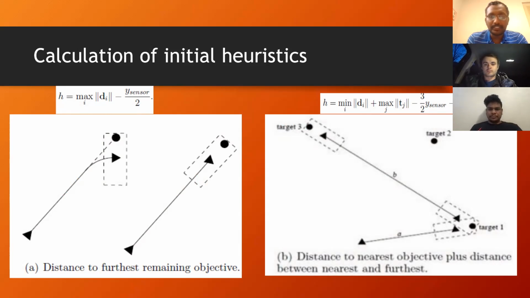For a single target, it deducts half of the sensor width, and for multiple targets, like shown on the right, target 1, 2, 3, it deducts half of the nearest target value, and it calculates the second nearest target distance, deducts that value, and updates the heuristic value from this.